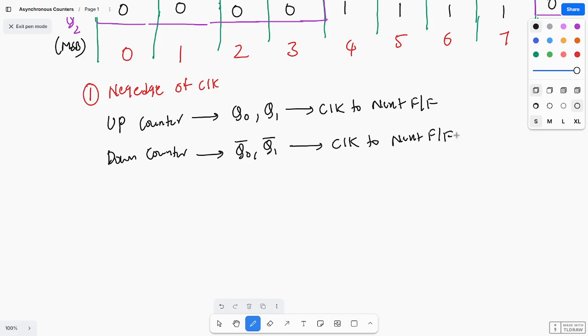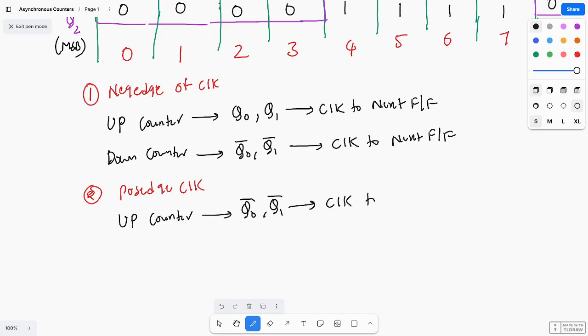And positive edge of clock also you can analyze. So if it is positive edge of clock, what is the conclusion? If it is an up counter, Q naught bar and Q1 bar will act as a clock to the next flip-flop.